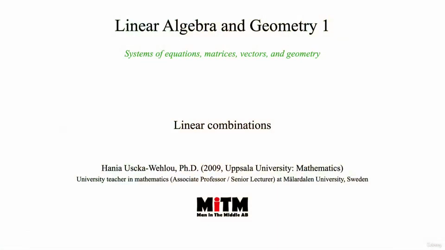Let's start. Linear combinations. I will begin geometrically, just to show you the intuition behind the concept. Let's say that we have two vectors, u and v. It doesn't matter really if they are in the plane or in the space, but now I mean that they are geometrical vectors, so they are either in R2 or in R3.